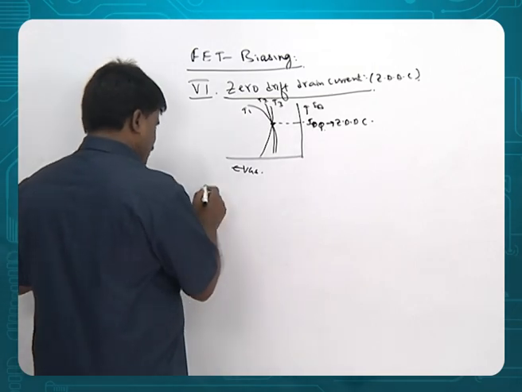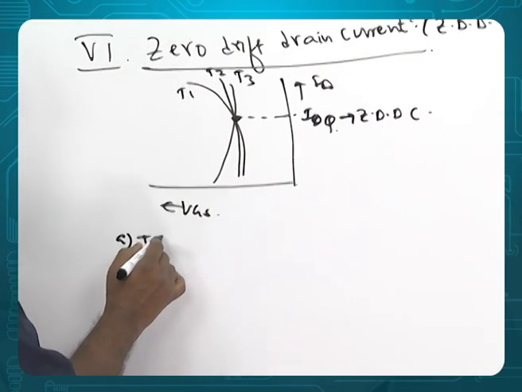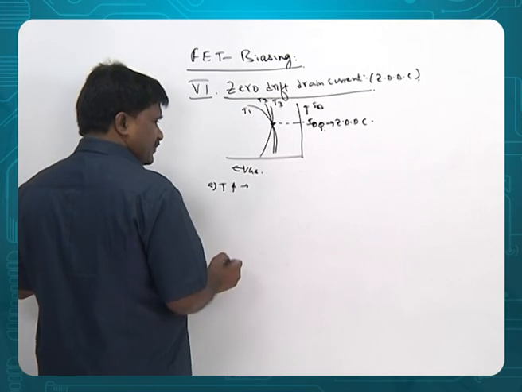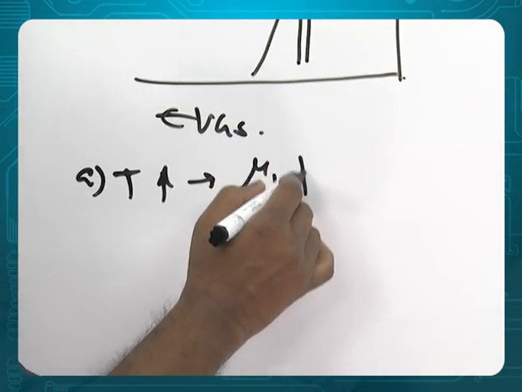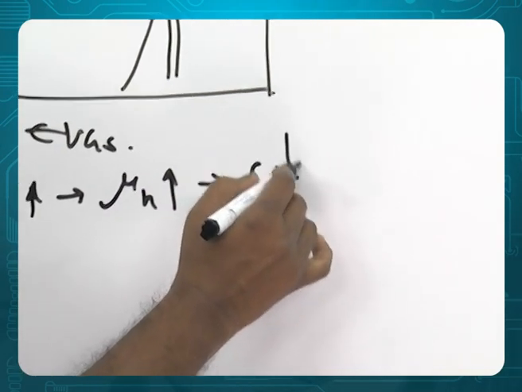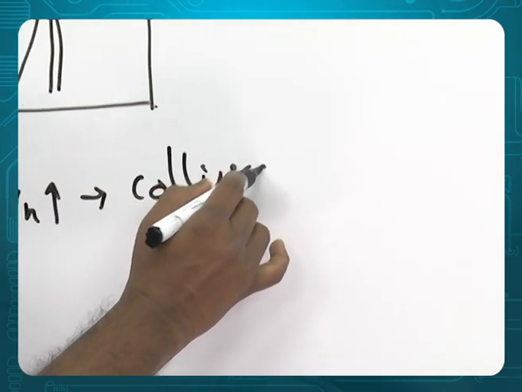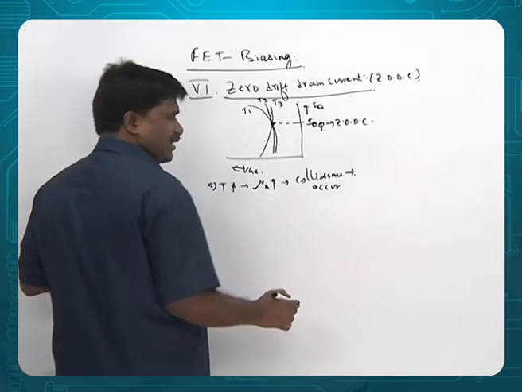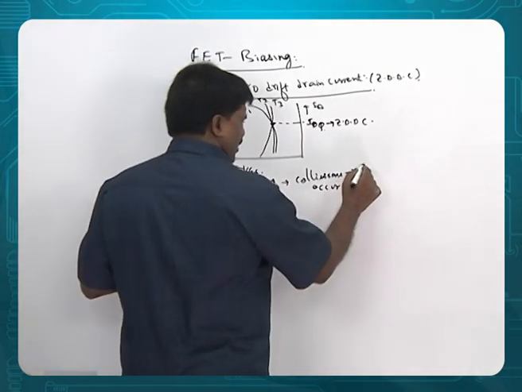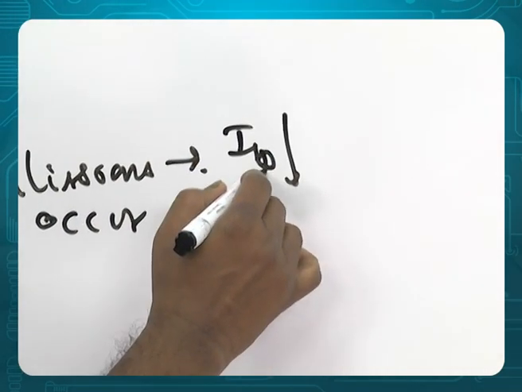Let me tell you. First one, as temperature increases, mobility decreases, collisions occur. When collisions occur, the amount of current is decreased.